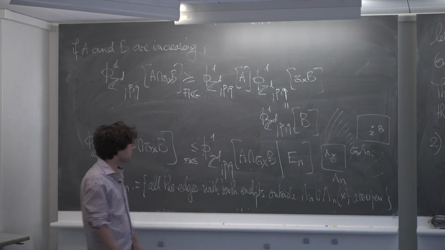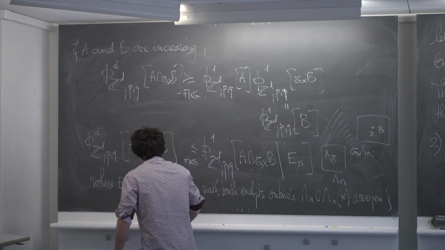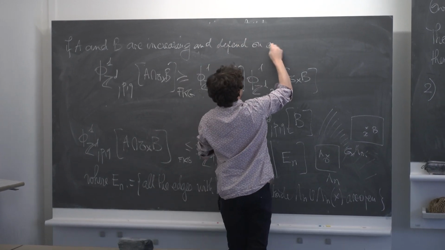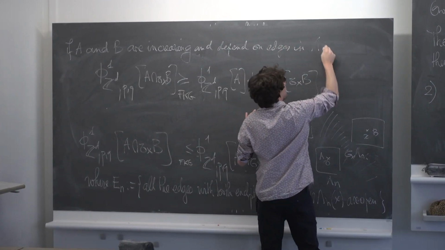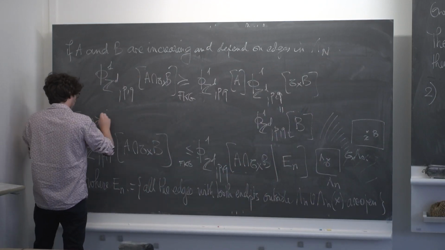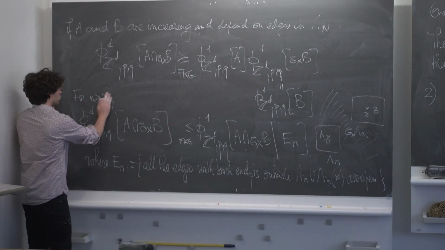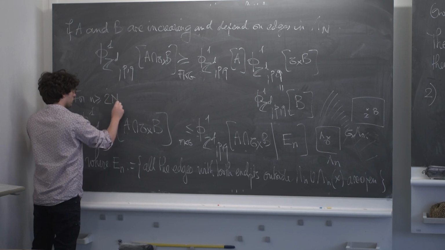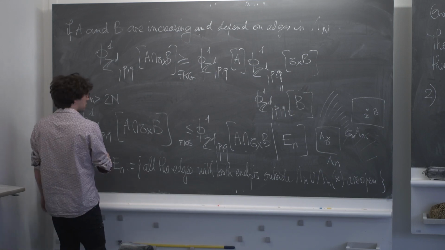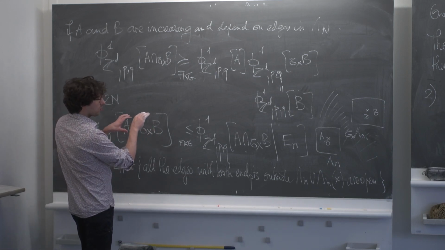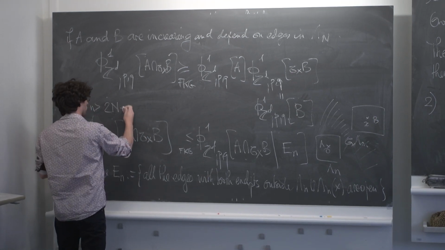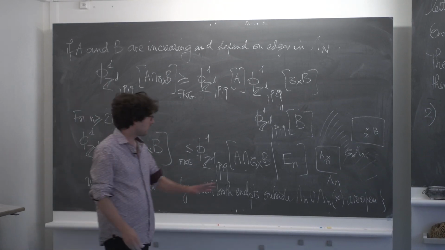But now, imagine that A and B are increasing and depend on edges in lambda capital N. So for n larger or equal to 2N plus 2, to be safe.